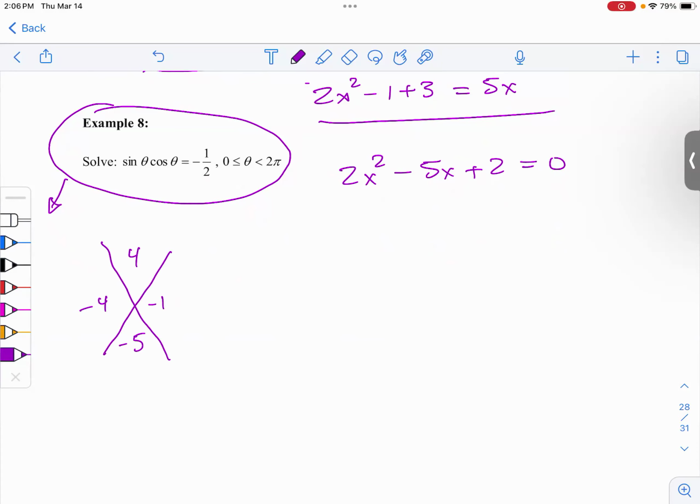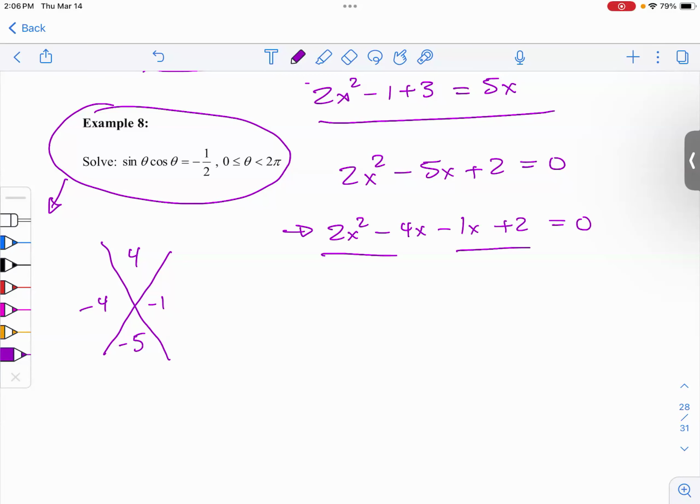No, this isn't hard algebra, but it's all the pieces together. All that math knowledge you get to use is what makes these feel overwhelming. But one piece at a time, one step at a time, one breath at a time. Don't panic. Okay, so this becomes 2x squared minus 4x minus 1x plus 2 equals 0.